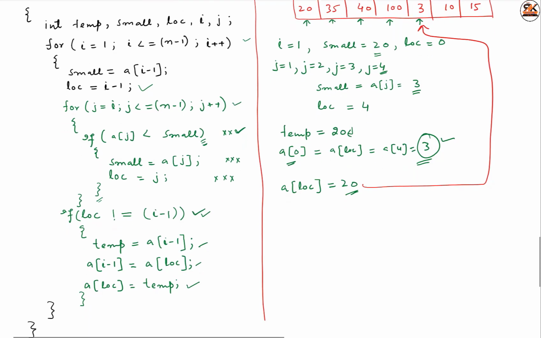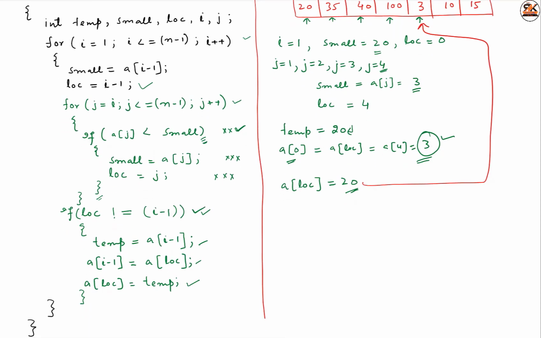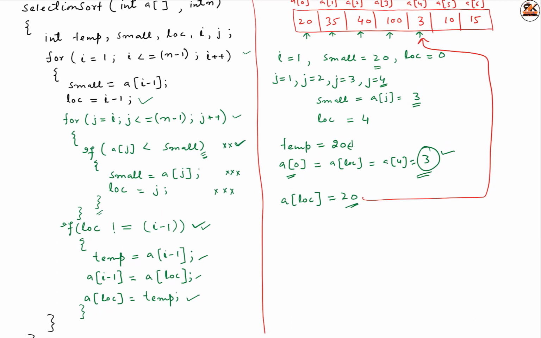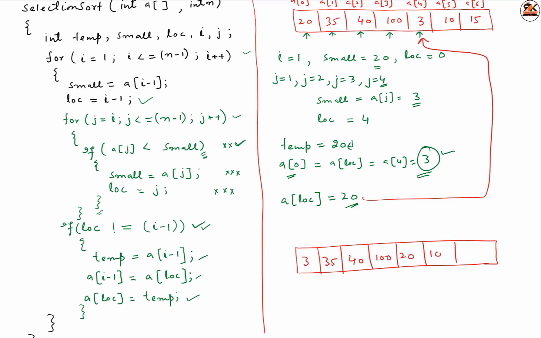Okay, and then we will go back and the value of i will be incremented. But before that we have a different list like this. A of 0 is 3 now, 35 will be here, 40 will be here, 100, 20, 10 and 15.